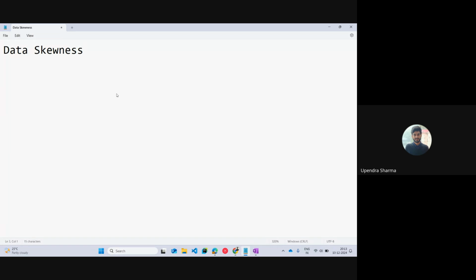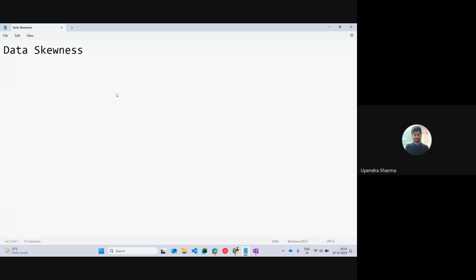So data skewness basically is a situation. While dealing with data, as I mentioned, Spark is a distributed data processing engine, which distributes data into smaller chunks and then processes that data. When this data is broken down into smaller chunks, there might be cases where data is unevenly distributed between each partition. So let's say we have 5 partitions of a particular data, and one of the partitions is larger than the other partitions.